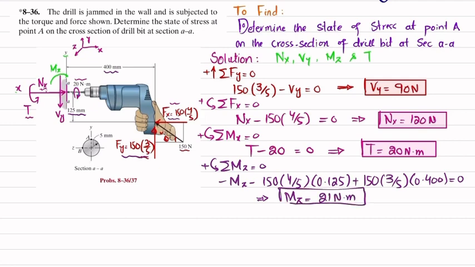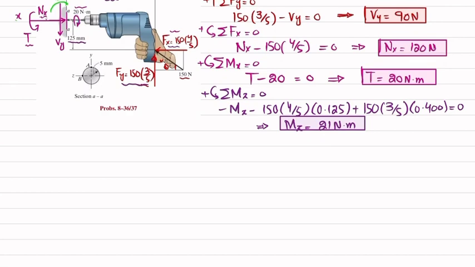So now you have all these reaction forces, torques and moments. Now we will go on to find the state of stress. But before that, we will also find the section properties, for example area and moment of inertia.